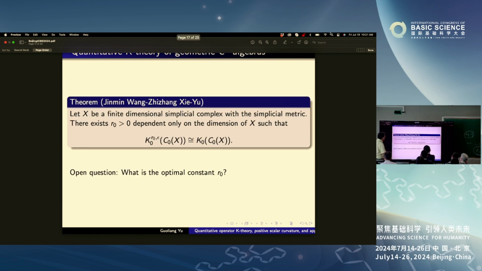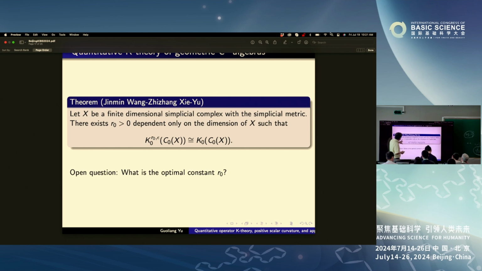Okay, so coming back to this, this is a technical ingredient we use to show the large-scale version of Gromov's conjecture. It's a very elementary result. If we have a finite dimensional simplicial complex, which can be non-compact, then this is a quantitative thing, with Lipschitz control, like in Shimo's talk.